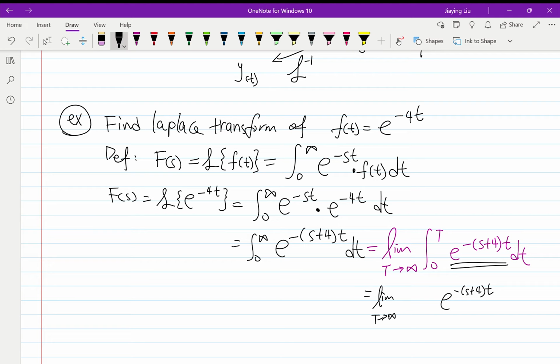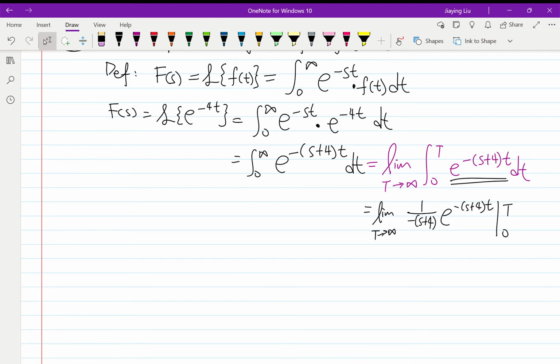So we need a coefficient of 1 over negative (s plus 4) in front. That means when we take the derivative, we get an extra negative (s plus 4), which gives us a positive 1 as the coefficient. Evaluate it from 0 to capital T. Plug in 0, plug in capital T, limit as T goes to infinity.